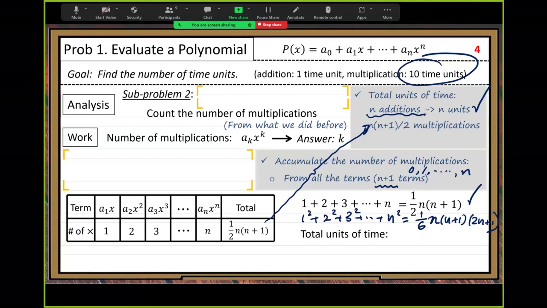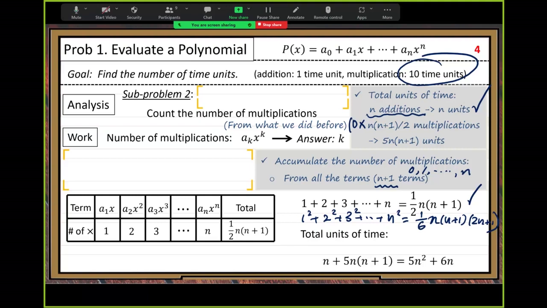So we need to multiply this number by 10. After simplification, that is 5n times n plus 1 time units.